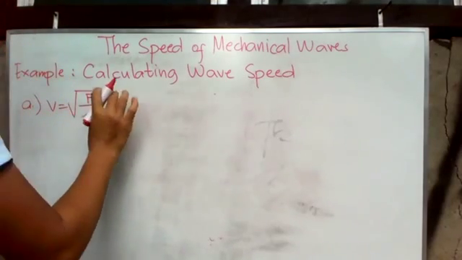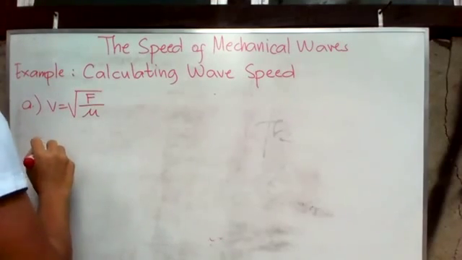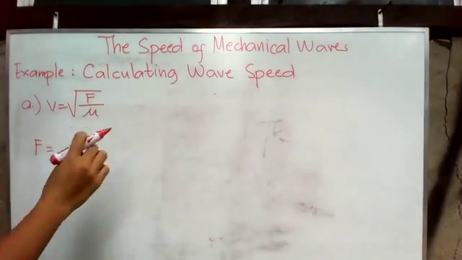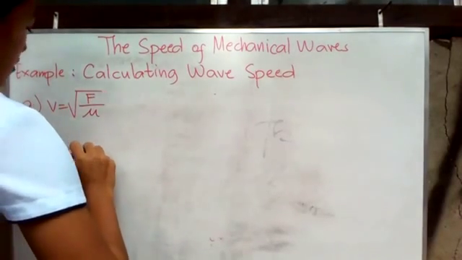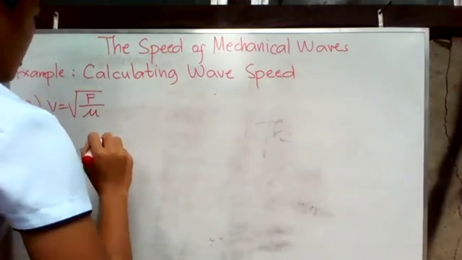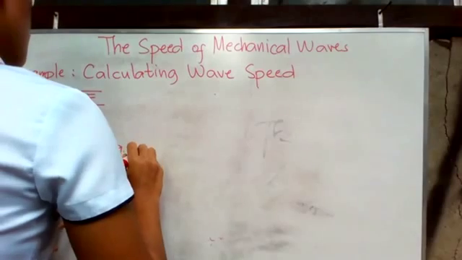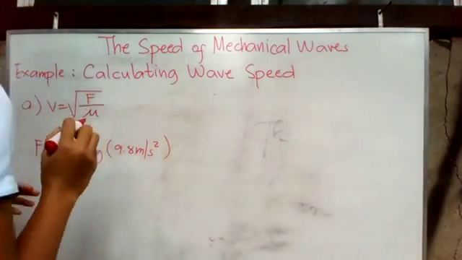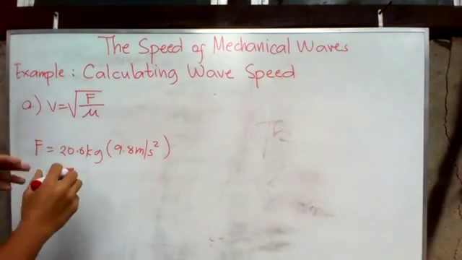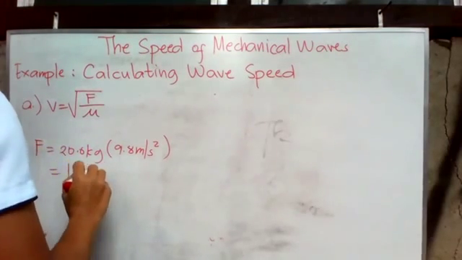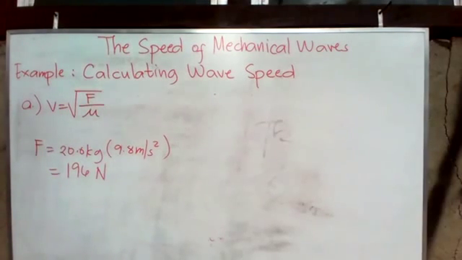In order to find the tension force, we have F equal to the weight of the box, 20 kilograms times gravity, 9.8 meters per second squared. Do the math: we multiply this and get the value of 196 Newtons.